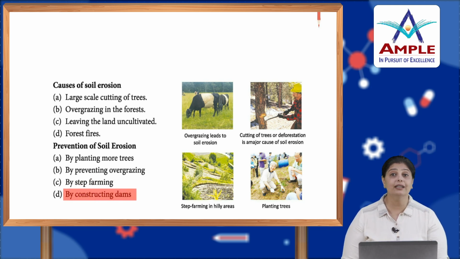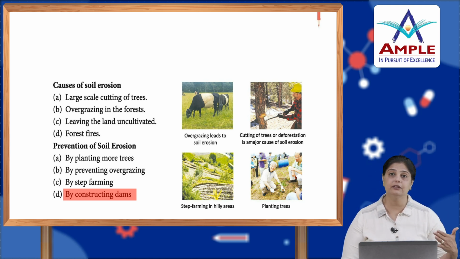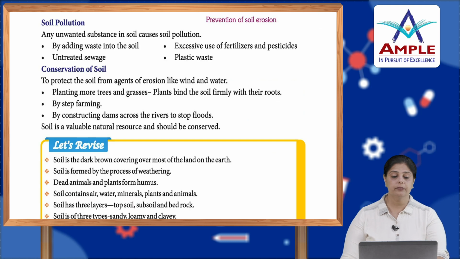By constructing dams, the water does not enter the field areas; it stops near the dams. Now, what is soil pollution? A major factor is the air or the water getting contaminated; it is all called pollution.